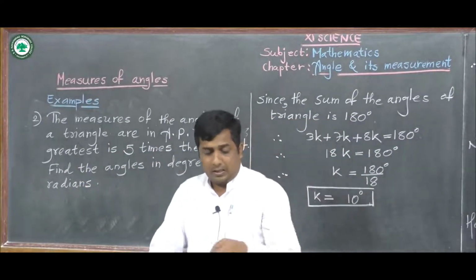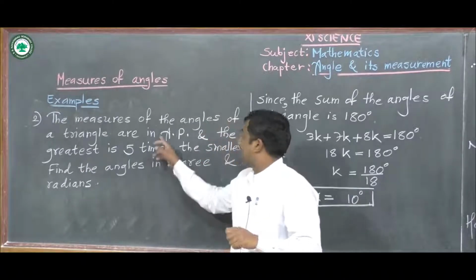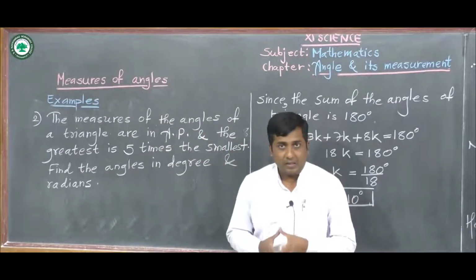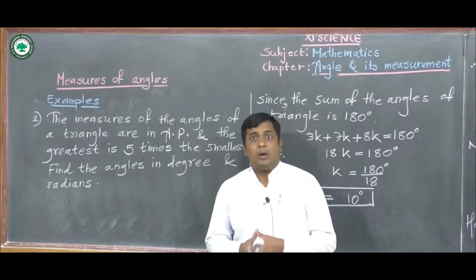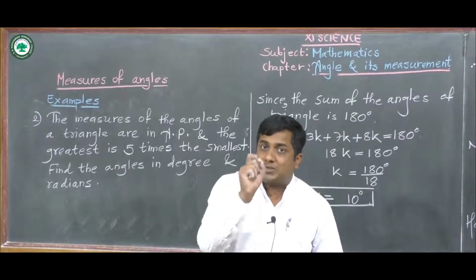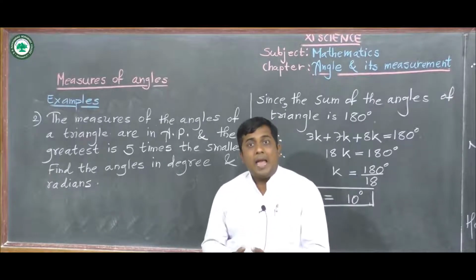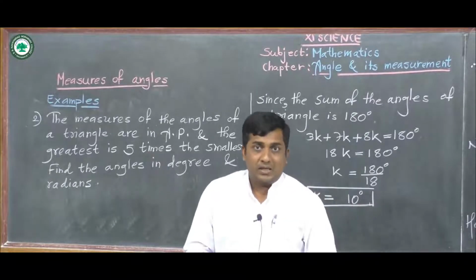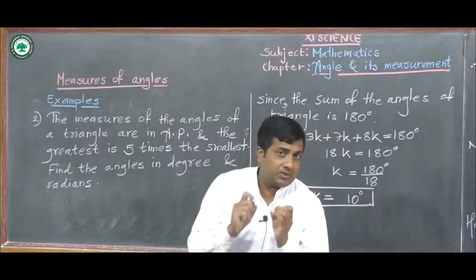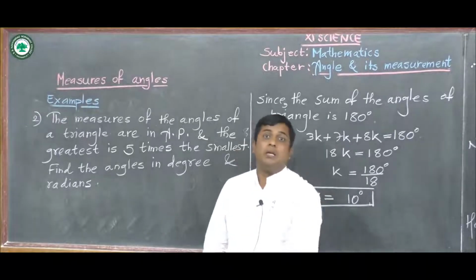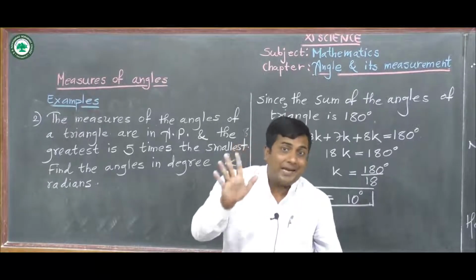Here, given the angles of the triangle are in AP. Now we know three consecutive terms in AP are a minus d, a and a plus d. We consider these three consecutive terms in AP; similarly, we consider these as angles.